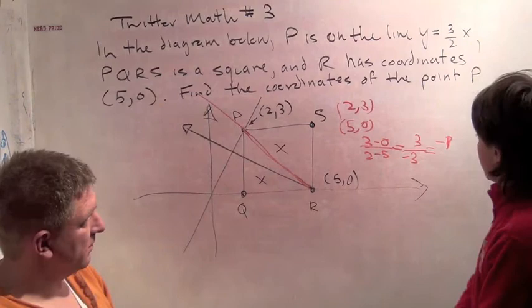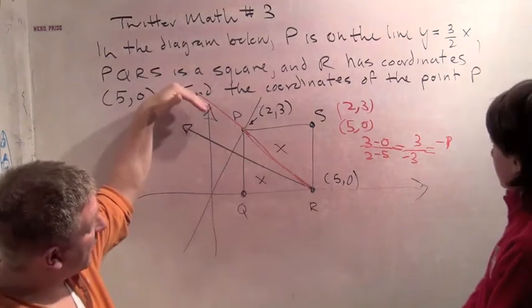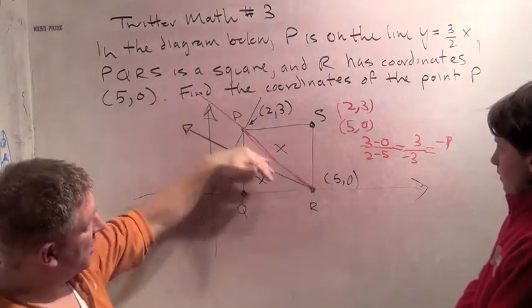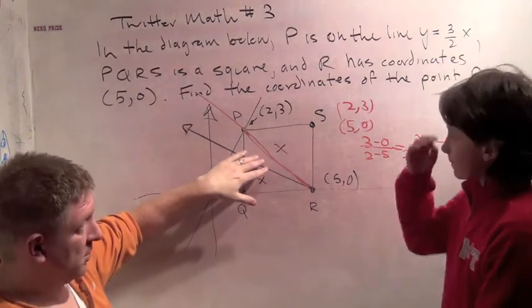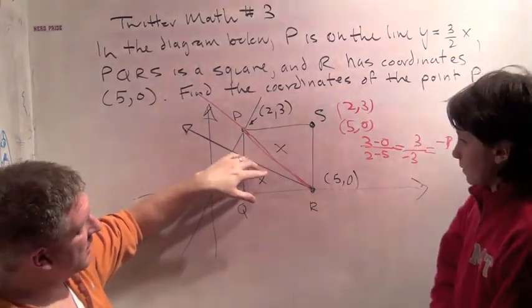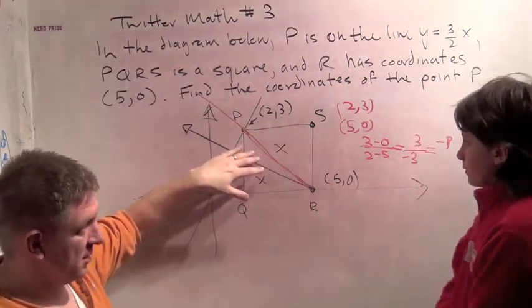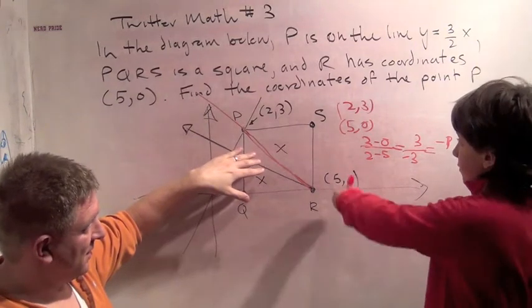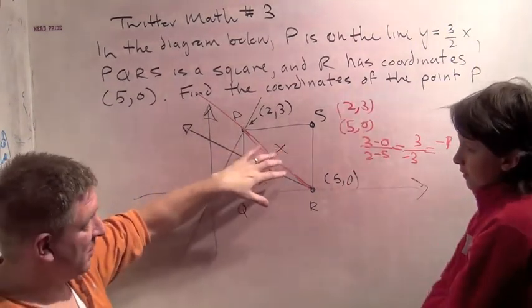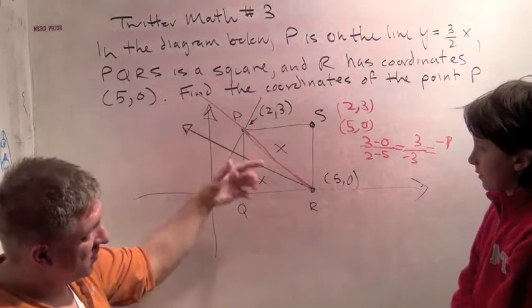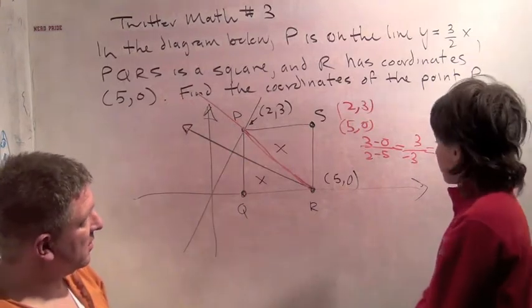Okay, great. Good job. So the slope of this line is minus 1. By the way, look at the geometry. Does it look like the slope is minus 1? Yeah. What if you would have got the slope was 7? Well, a slope of 7 is almost straight up. So that would have definitely been wrong. This slope is definitely negative, and it looks like it could be about minus 1. Okay, great. So the slope is minus 1.